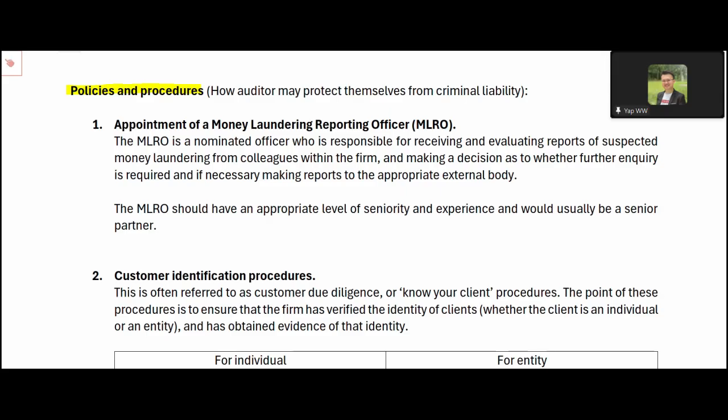First, appoint an MLRO. Who is the MLRO? Money Laundering Reporting Officer. This refers to a senior person inside the audit firm who will be responsible for receiving and evaluating reports of suspected money laundering.